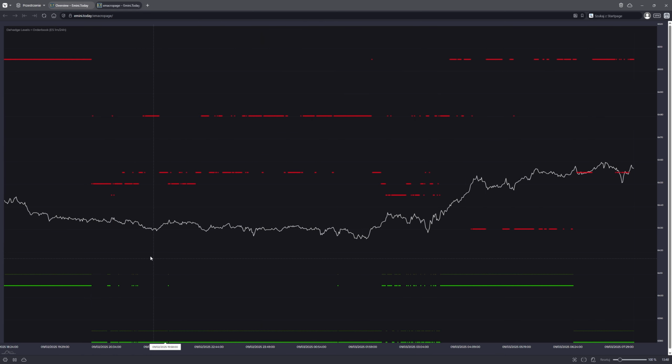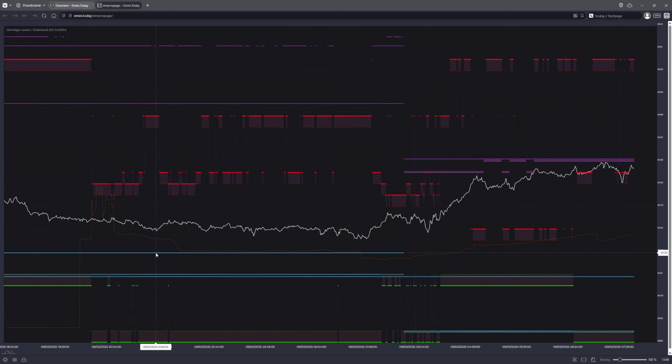These are the levels where there is way over average activity in options order flow, right? So basically the red and greens are the Dehedge levels, and it's combined with the blue supportive and violet resistive levels from the options cumulative order book.